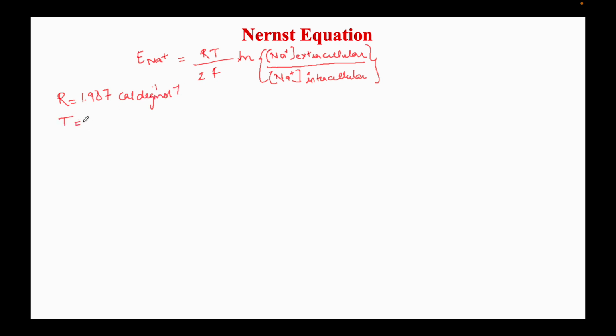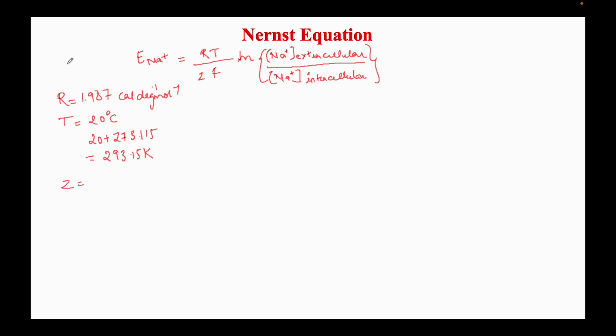The absolute temperature they have given is 20 degrees Celsius, but we need it in Kelvin, so 20 plus 273.15, which is equal to 293.15 Kelvin.